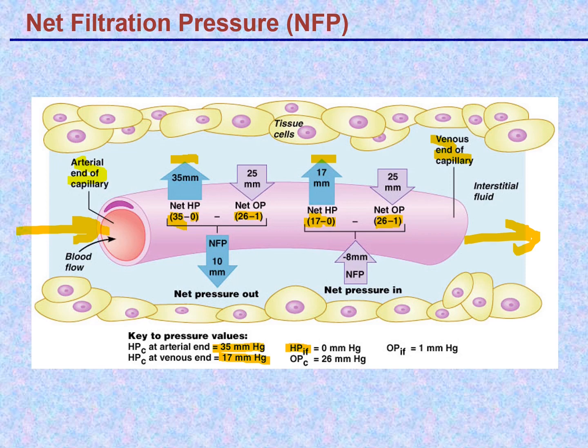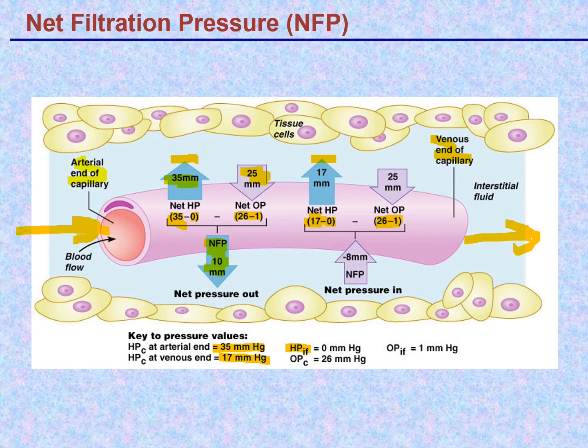But generally, it pulls fluid in, and the net colloid osmotic pressure is 25 inwards. Hydrostatic pressure net is 35 out, and therefore you have a net filtration pressure at this end of 10.